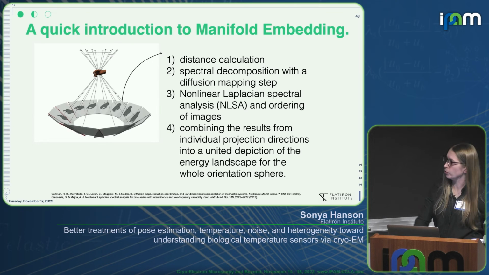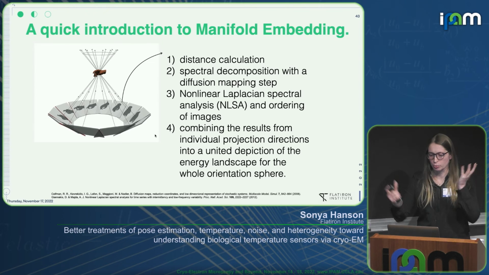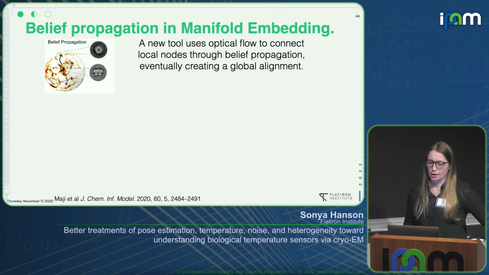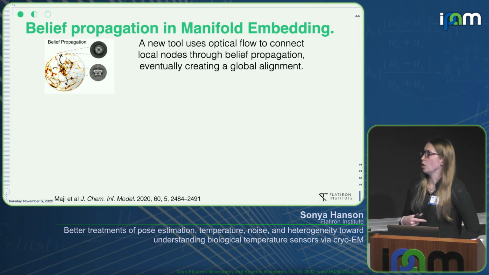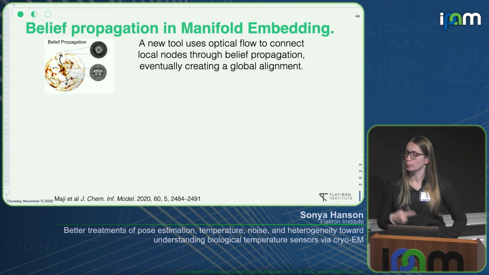One of the key steps is then connecting up all of the manifold embedding results for each projection direction. And Suvrajit Maji produced a tool that allows you to do this automatically using an optical flow method.